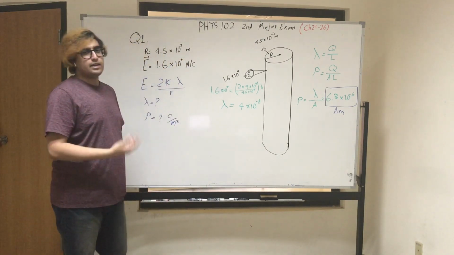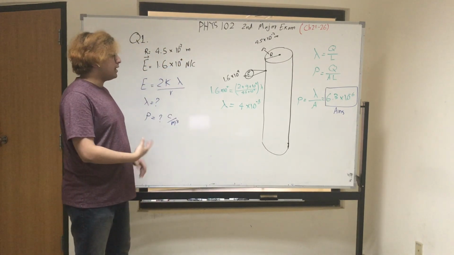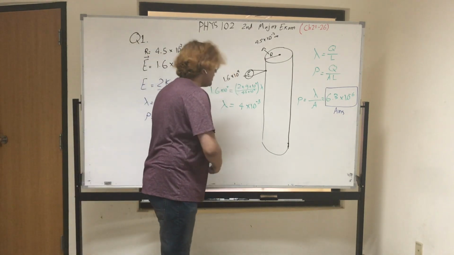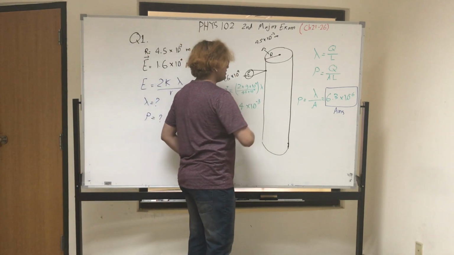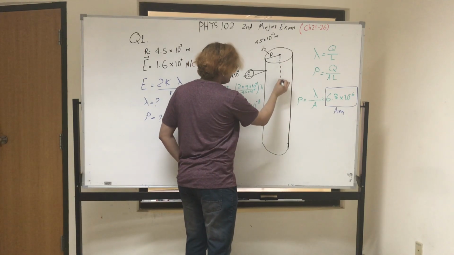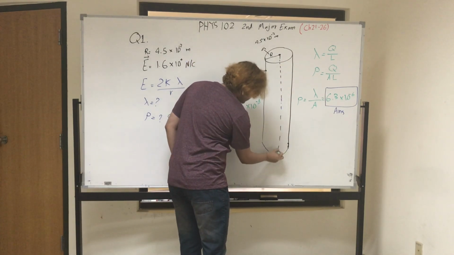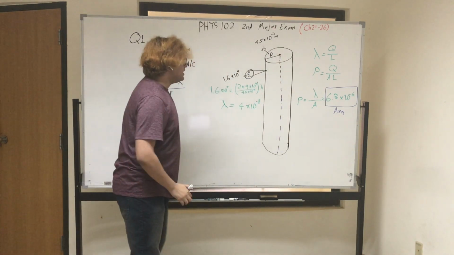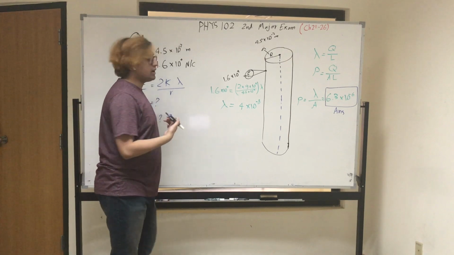The first thing to think about when we solve these problems is that when we have a charged cylinder, we can assume that the cylinder is basically a line of charge, a line at the center of the cylinder. This is true because of Gauss's law.